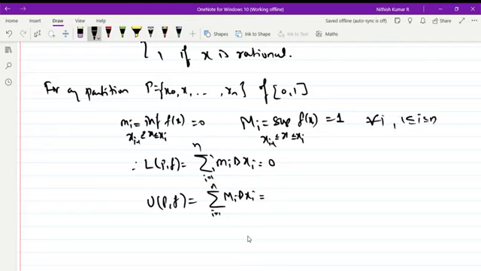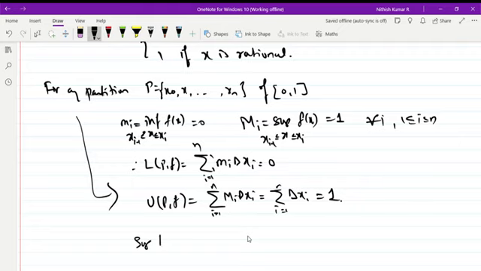Therefore this is nothing but the summation from i equal to 1 to n of delta xi. Now what is this? It is nothing but the length of this interval, and what is the length of this interval? It is 1. Now take any partition, this is true. So the supremum of LPF is nothing but 0, and that is the lower Riemann integral from 0 to 1 of f dx.